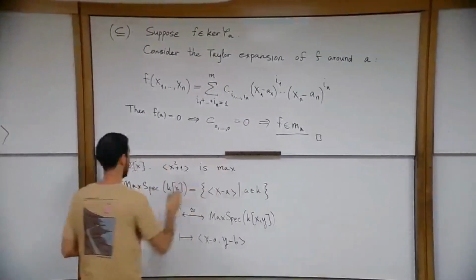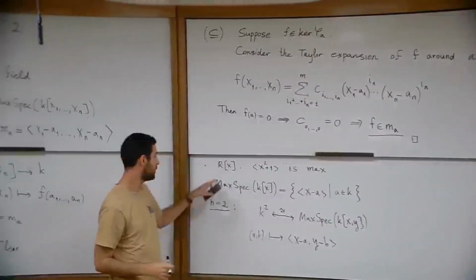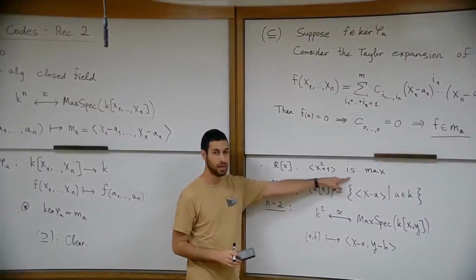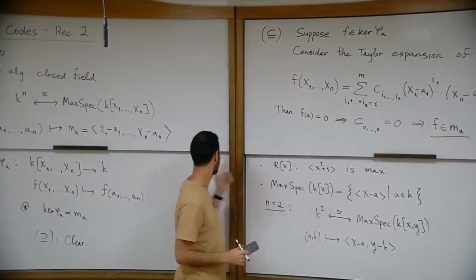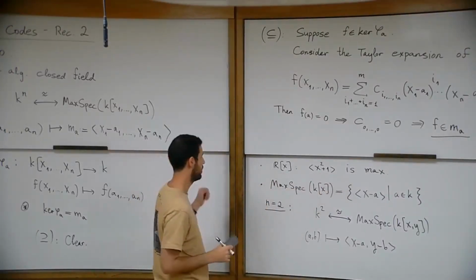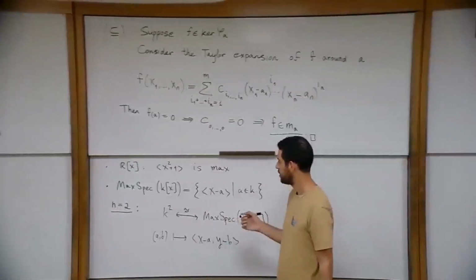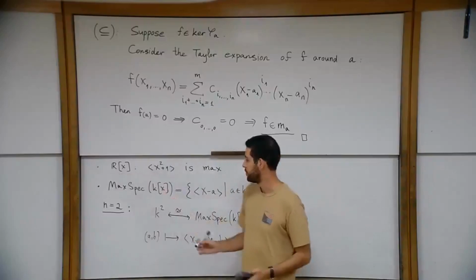We've already seen, for example, when n is 1, in R[x], the ideal generated by x squared plus 1 is maximal, and of course it's not of this form. And that's okay because R is not algebraically closed.